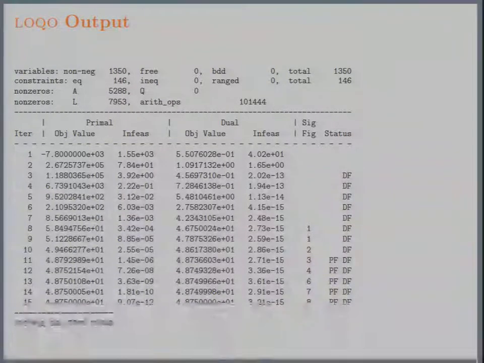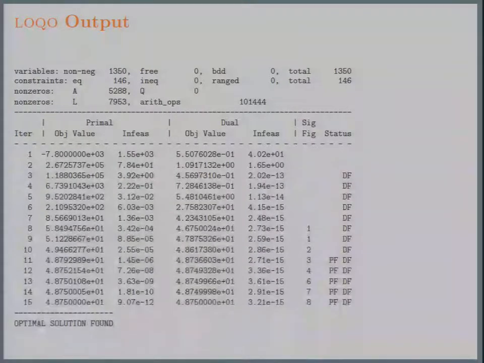But look at the A matrix here, has only 5,288 non-zero entries. So that per column is about 4. This has 4 non-zeros per column. So the A matrix is extraordinarily sparse. And so the code exploits that.